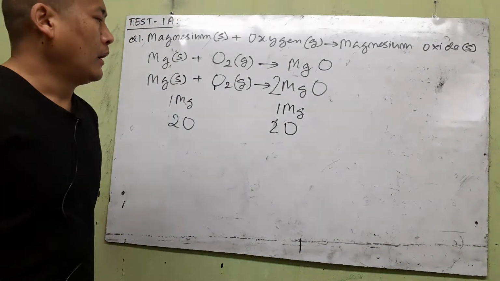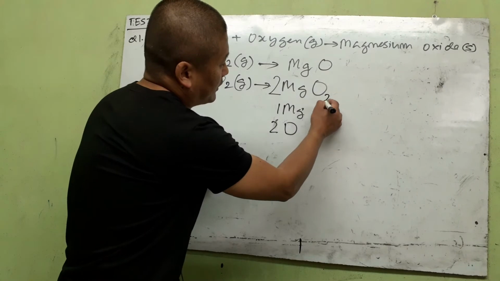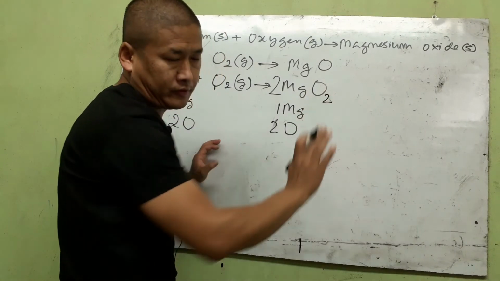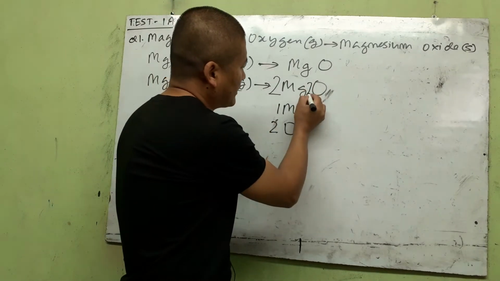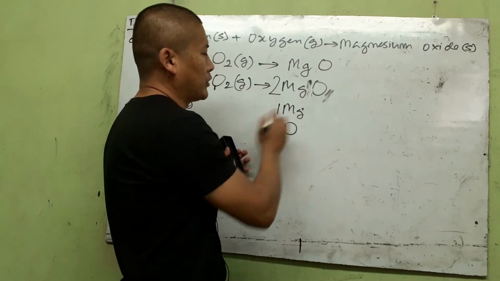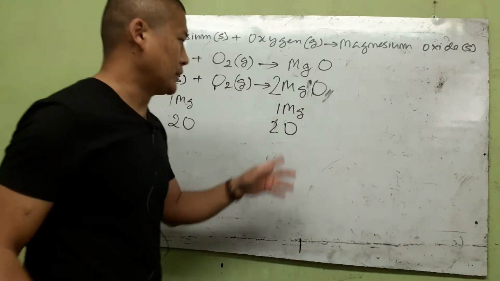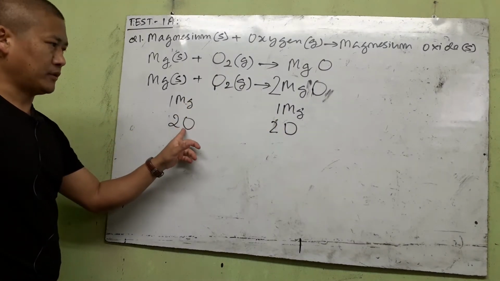Now balancing should be done right in front. If we put the number at the back and balance with 2, that's wrong. We are not allowed to balance from the back. We are also not allowed to balance in between. We have to balance right in front of the molecule or the compound. So 2 ones are 2 oxygen on the right side and 2 oxygen atoms on the left.